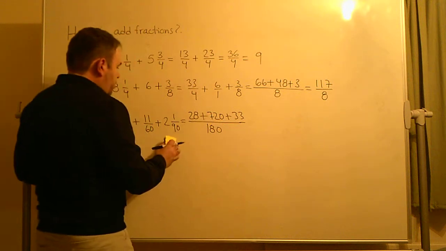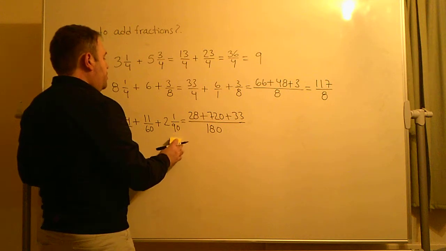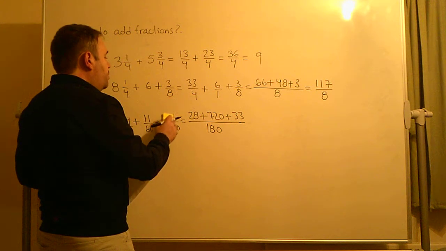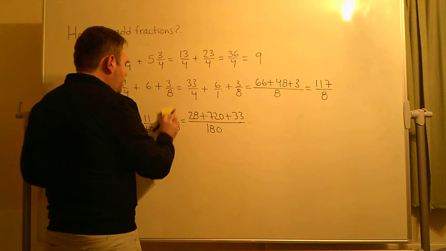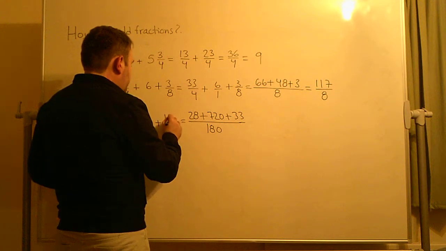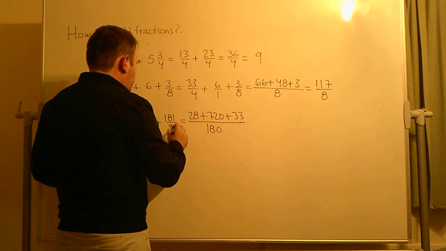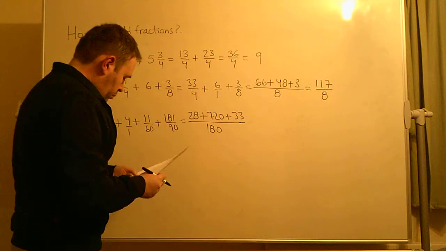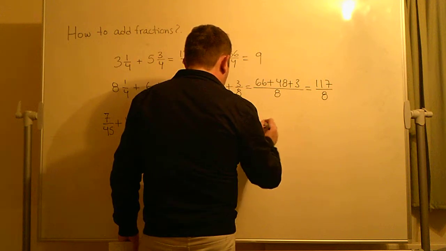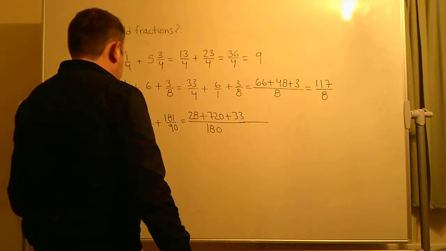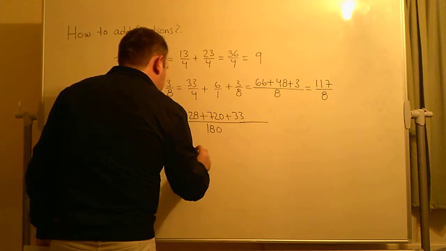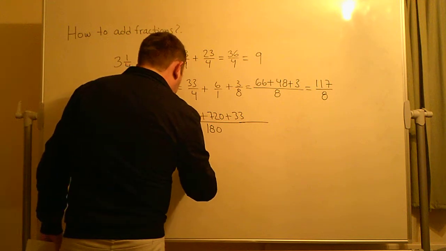I need to turn this one into an improper fraction. So 9 times 2 is 18, plus 1 is 19 ninths. Okay. Or actually, I'm going to rewrite this just to do it clearer for you.